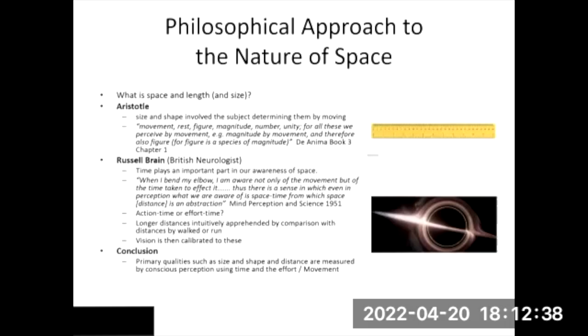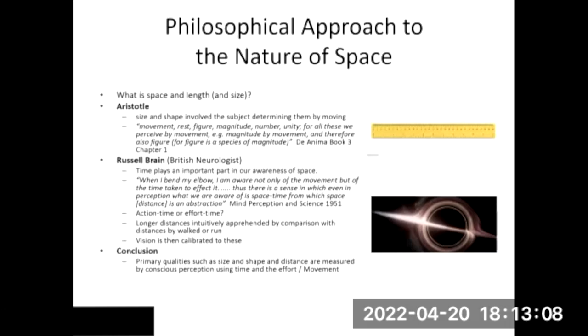Russell Brain, the British neurologist, talked about the same thing in relation to space, and that we determine a distance by how long we've been putting in the effort of, for example, moving our arm from one place to another, or walking from one place to another. And then greater distances we work out by comparison. So maybe that's all space is. It's this kind of action-time complex.